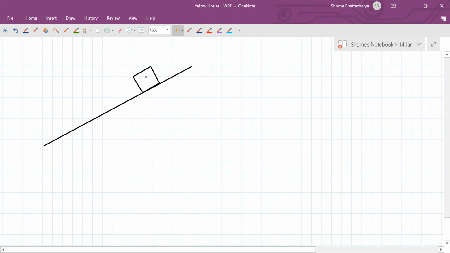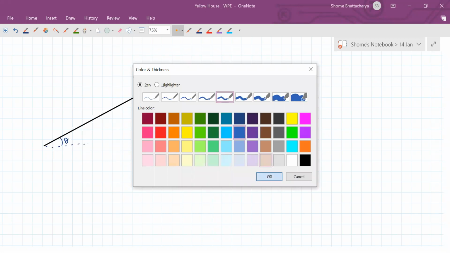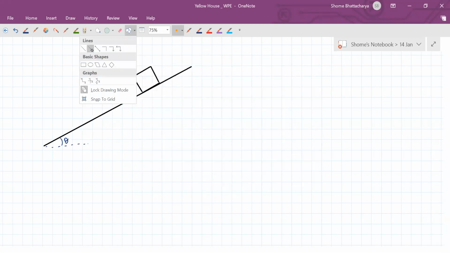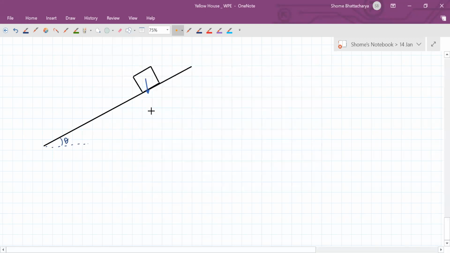So the concept of free body diagram is still quite essential in a situation like this, even though we are not directly solving Newton's laws. So let's show all the force vectors.